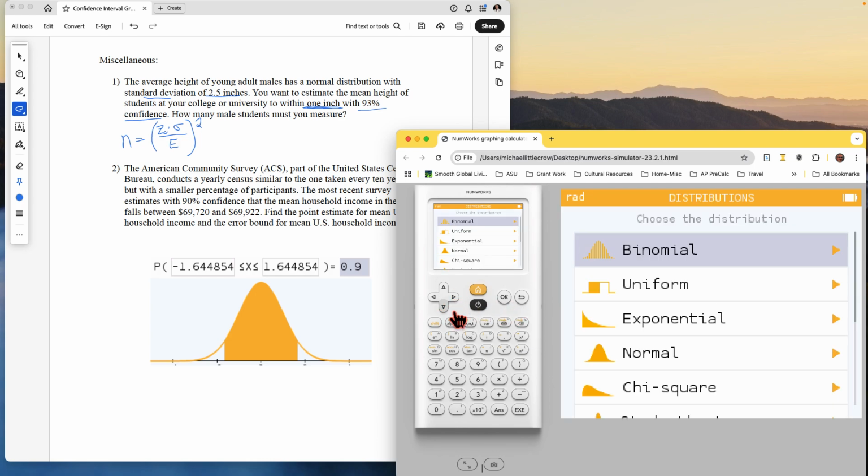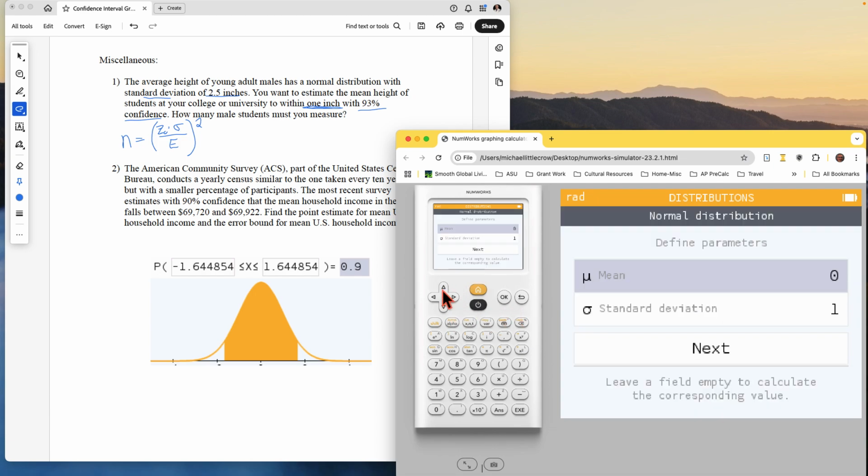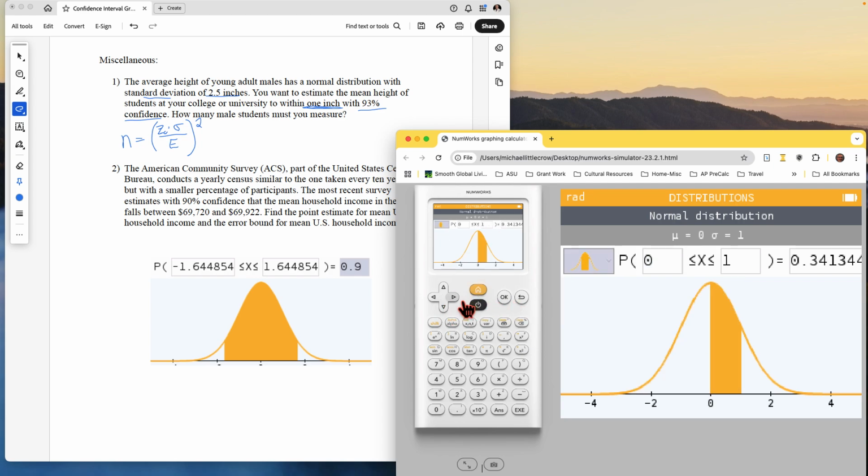You could look it up on the table, but a lot of tables might not have 93%. So we come to normal. We'll use a standard normal. And we're looking for a confidence interval, so we want the middle between these two values. We want 93% in the middle, so 0.93. And the z value that we get, the critical value, is 1.812.